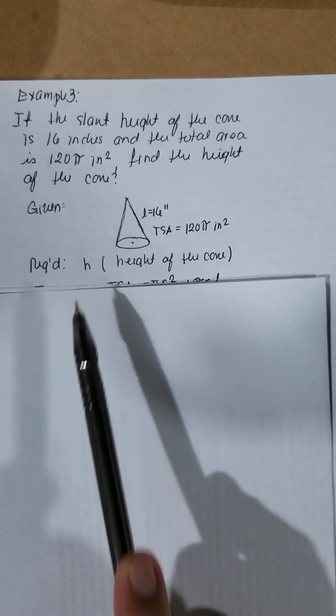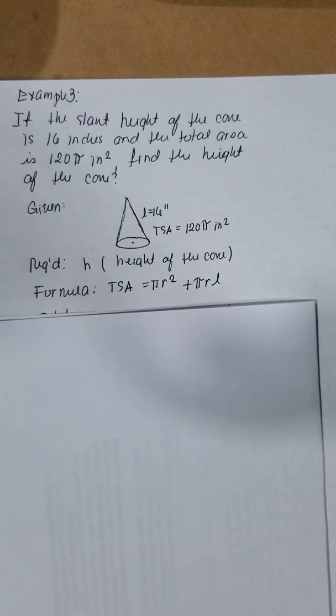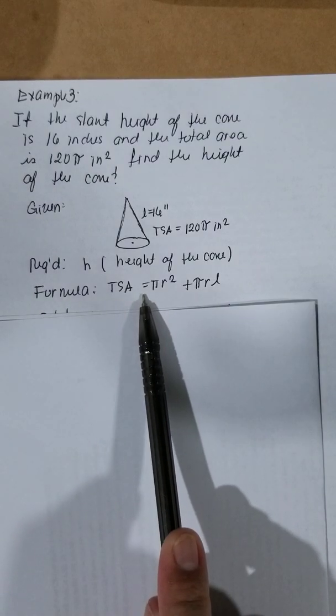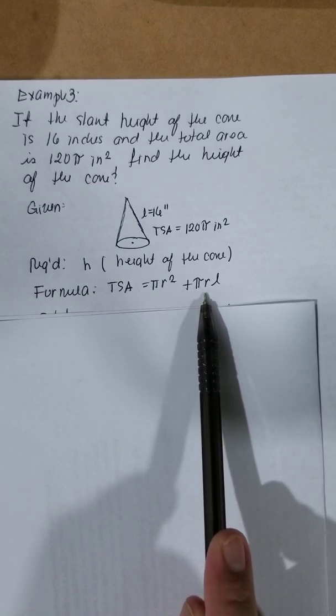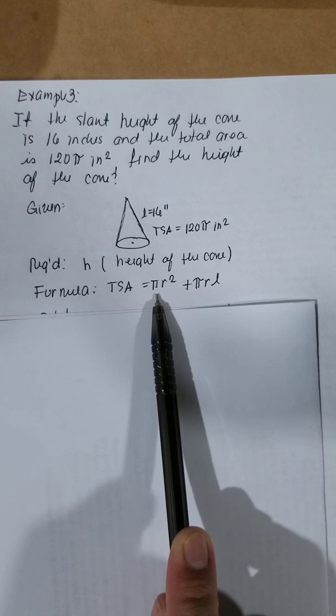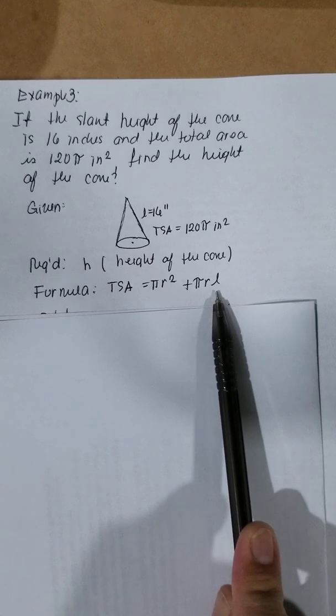The formula we will be using is the formula for the total surface area of a cone, which is total surface area is equivalent to pi r squared plus pi rl, pi r squared being the base area and pi rl being the lateral surface area.